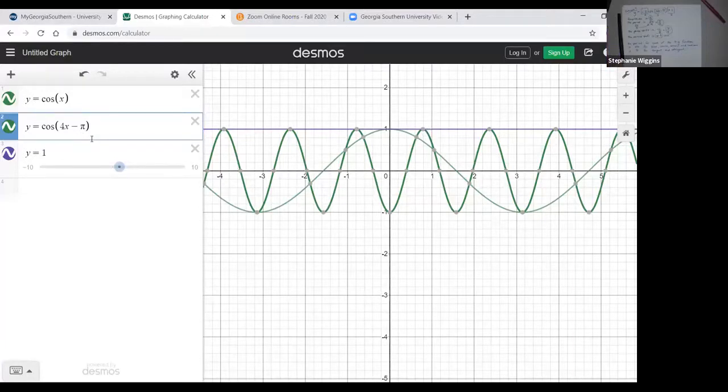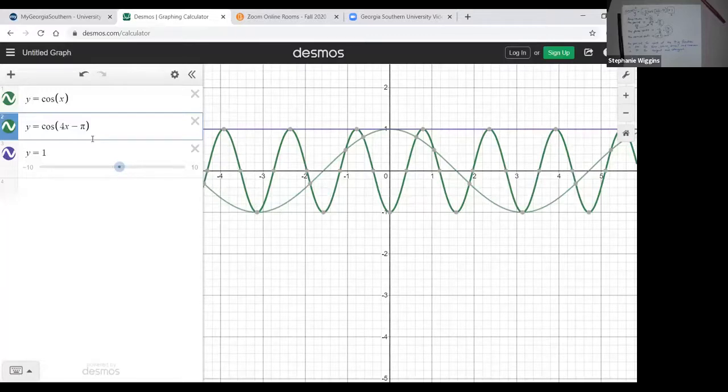And notice it's shifted in the positive direction because this is a minus sign. It's kind of opposite of what you think. If you subtract a constant, it's going to shift your whole graph in the positive direction. If you add a constant on the inside, it's going to shift it to the left. And that you should remember from when you learned this in algebra, translating functions.